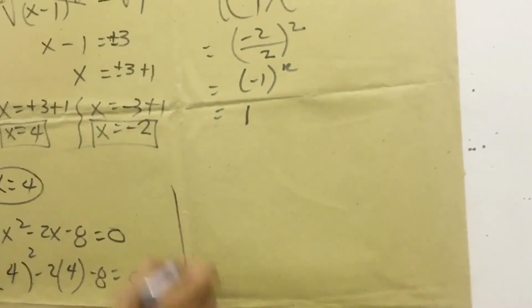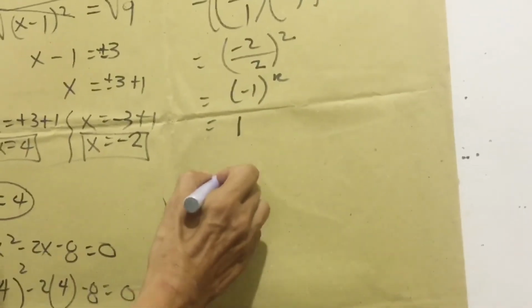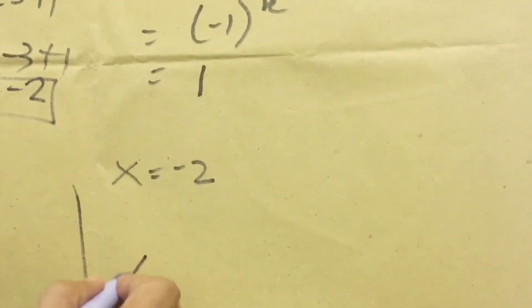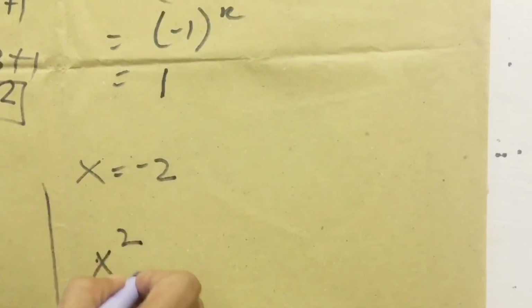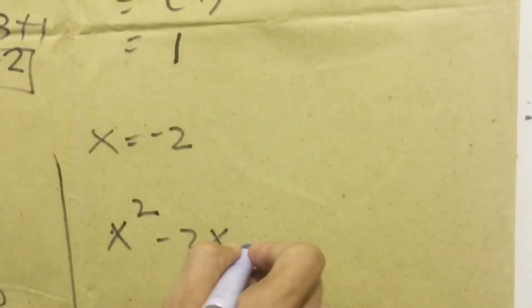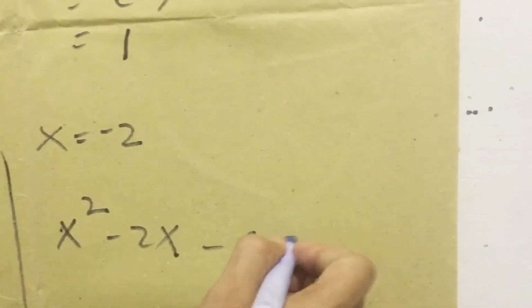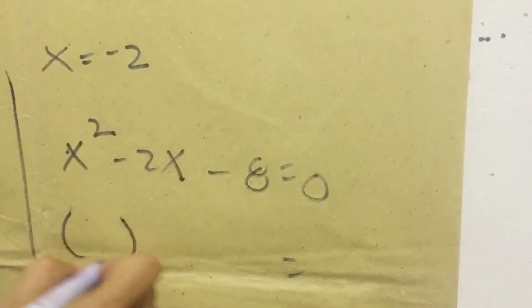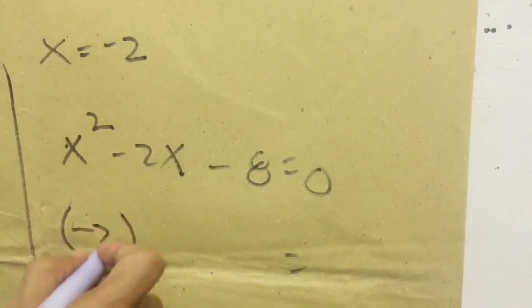Next, we're going to use x equals negative 2. Then again, use the same quadratic equation: x squared minus 2x minus 8 equals 0. Then the value of x now is negative 2.